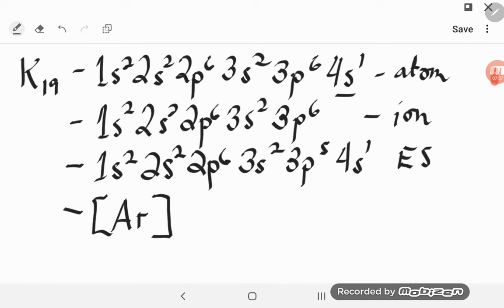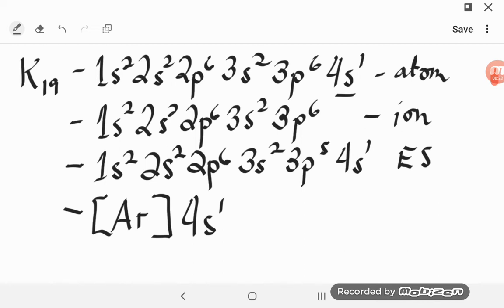Since Ar is 18, we just have to write 4s1, making it potassium, and that is now the noble gas electronic configuration for the element potassium. So that is just how to write the electronic configuration of potassium in different forms.